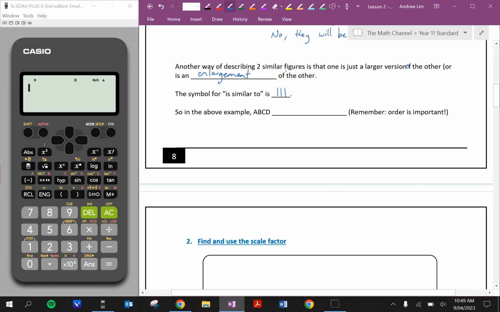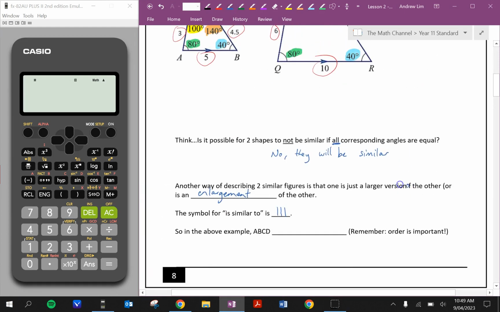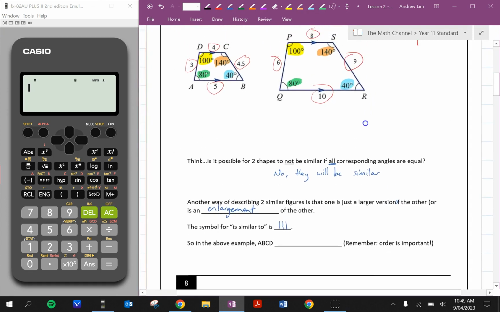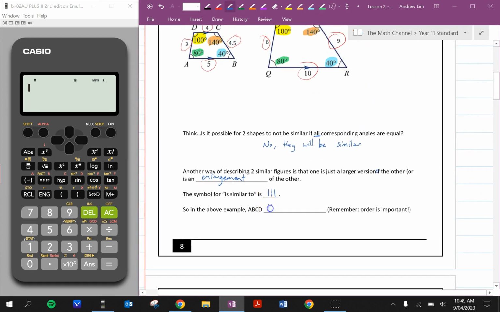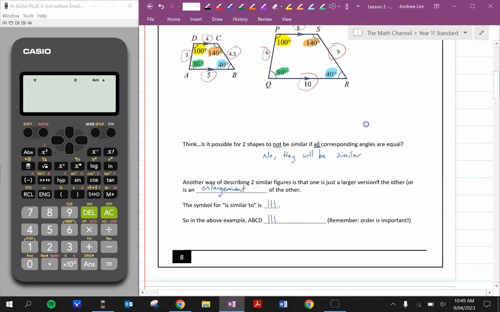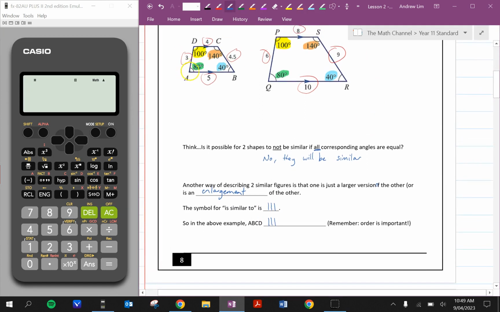So in the above example, ABCD is similar to, remember order is important, A corresponds to Q, B corresponds to R, C corresponds to S, and D corresponds to P.